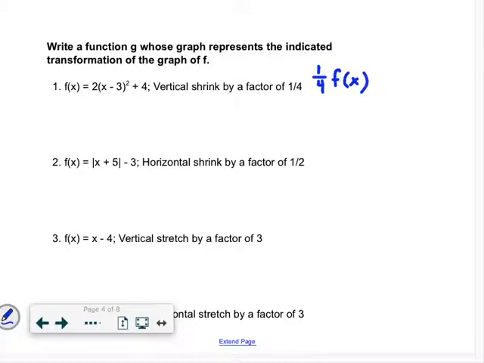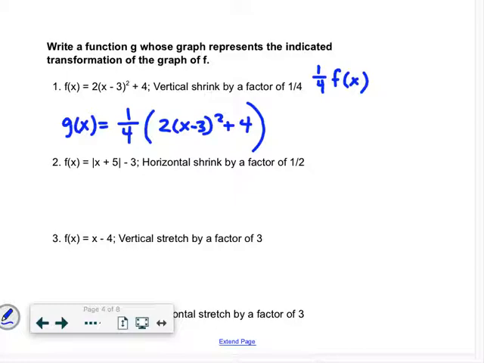And then in my work, if I'm writing a new function g, I could write something like g of x equals, and then I have to do 1/4 times f of x, but I want to multiply it by all of f of x, and in mathematics to say all of something we use parentheses. So it is important on these problems when you're doing vertical stretches or shrinks to use a set of parentheses, because whatever you multiply by for vertical stretch or shrink has to multiply through all terms in the function.